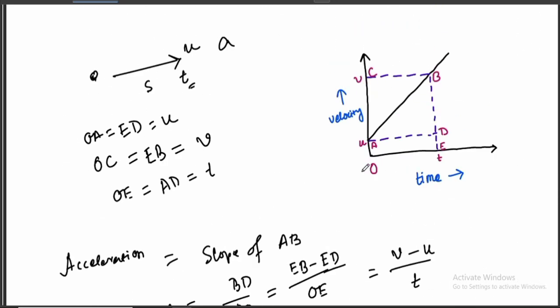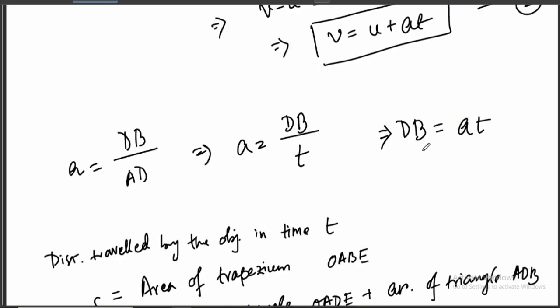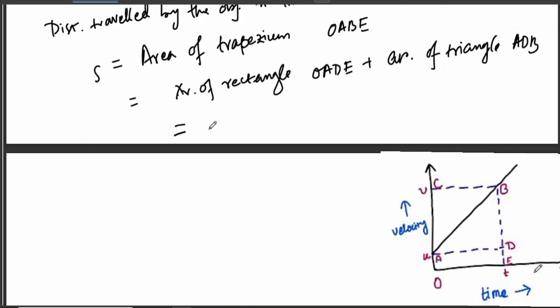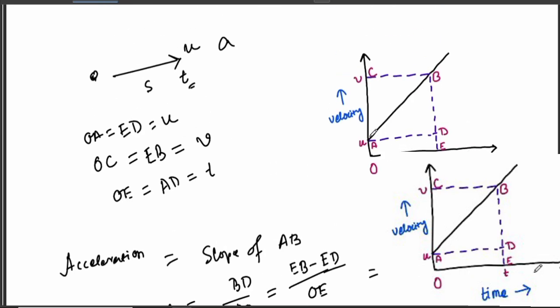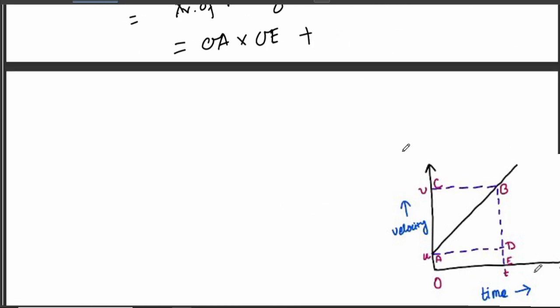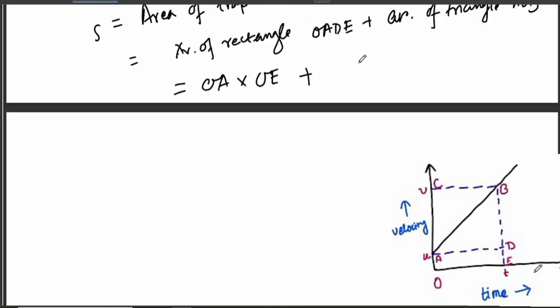So area of rectangle OADE will be OA times OE, plus area of triangle ADB will be half into AD into BD. Let's put all the values.